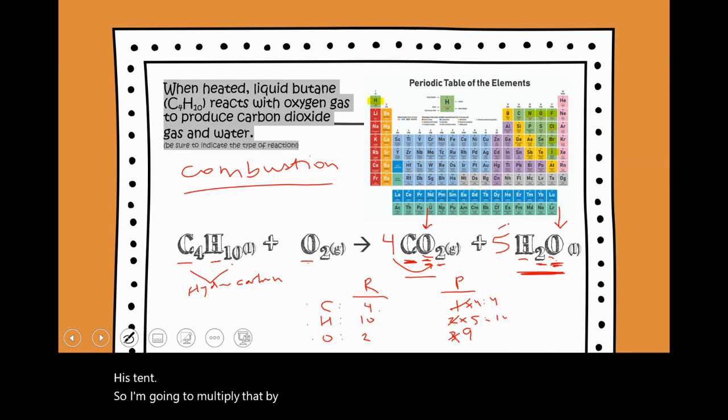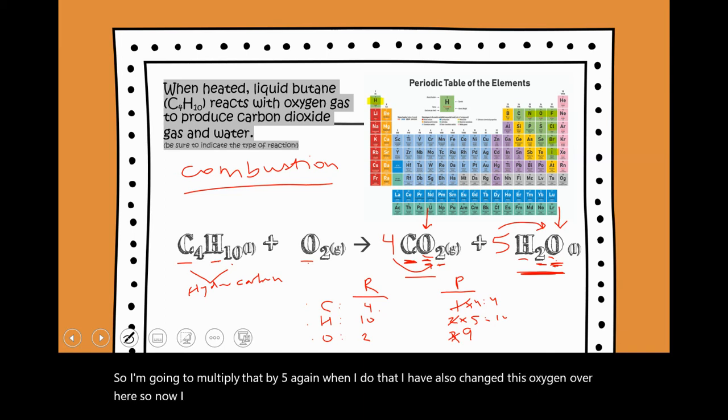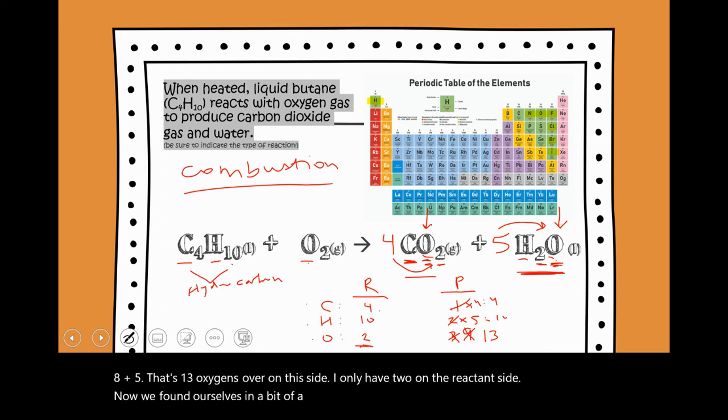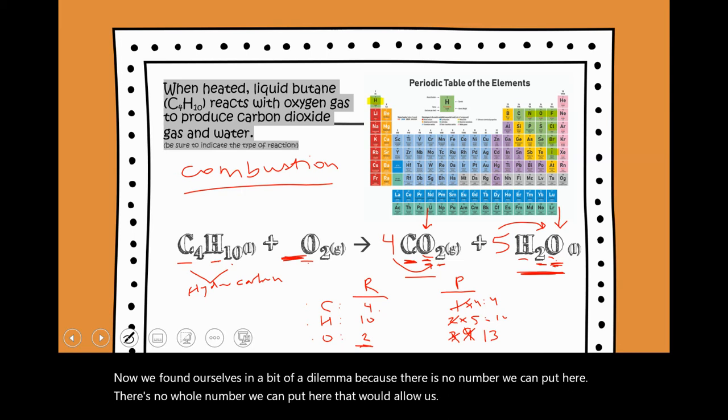Again, when I do that, I've also changed this oxygen over here. So now I have 5 oxygens from the water and 8 from the CO2, which means 8 plus 5, that's 13 oxygens over on this side. I only have 2 on the reactant side. Now, we found ourselves in a bit of a dilemma because there's no whole number we can put here that would allow us to multiply by 2 and get to 13.